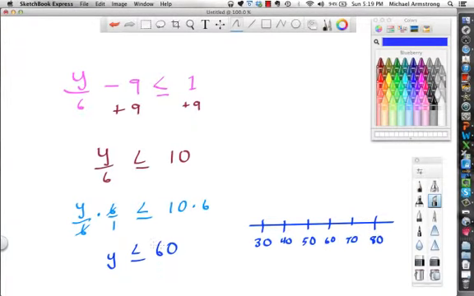This is that y is less than or equal to 60, so when we come over here to do 60, we're going to make a hollow circle, but it's also equal to, which means that we need to fill in our hollow circle to make it a big round solid circle. And it's less than, which is in the left direction. And put little arrows on our arrow. There we go. y is less than or equal to 60. Looks like that. And that's how that works.